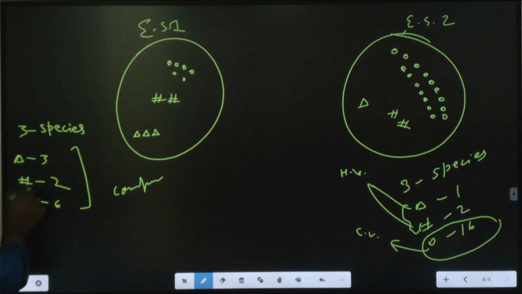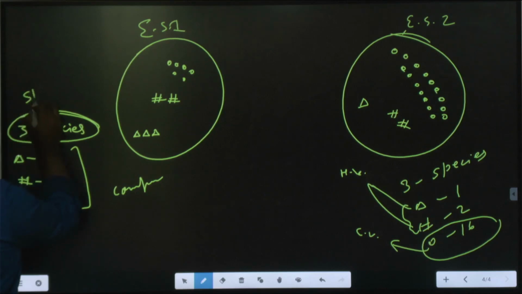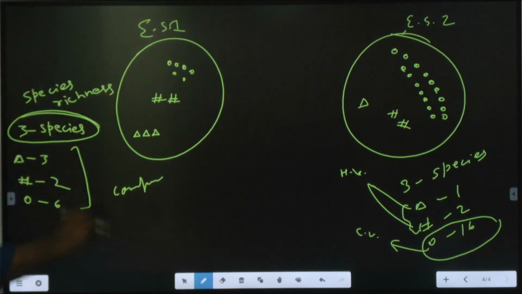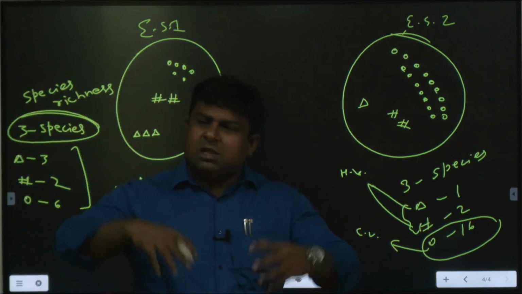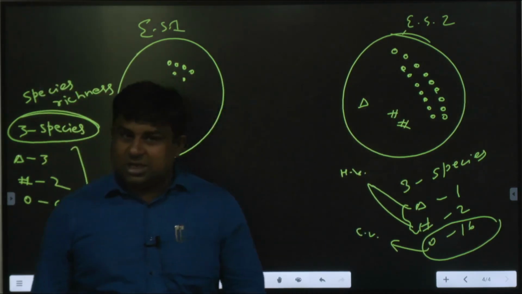One case which informs us about variety in species. This is called species richness. Species richness means there must be presence of as much as possible many number of species. This is called species richness.